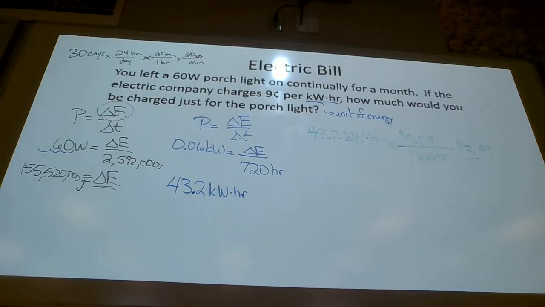Okay, so you might be like, seriously, $3.89? It's hard to bother turning off the lights. Well, that's fine. You have your own house, go ahead and leave lights on. But also recognize you're wasting money and natural resources like that.